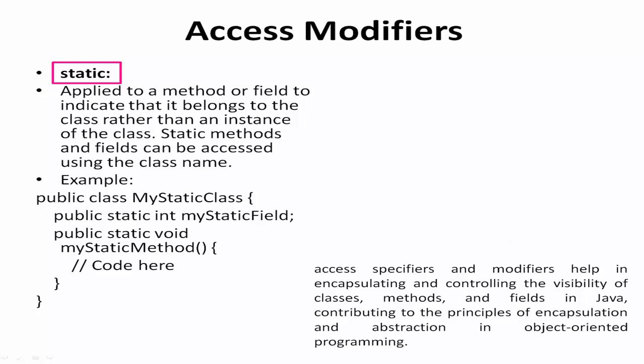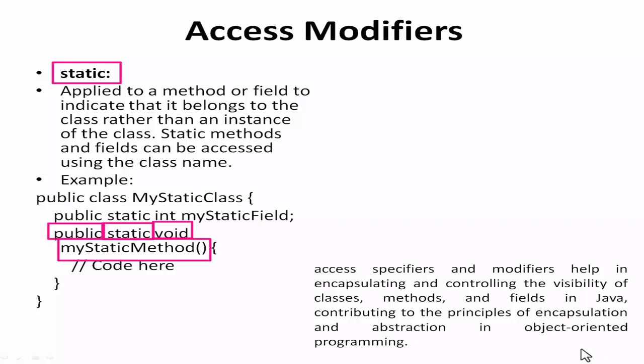Here you have declared the keyword static before the method name myStaticMethod. Void means no return type. Public means you can access it everywhere: public static void, and then the name of the method.